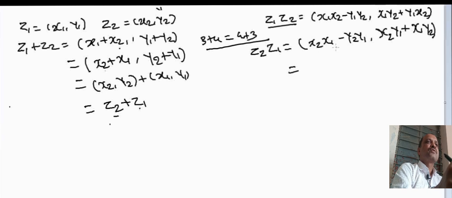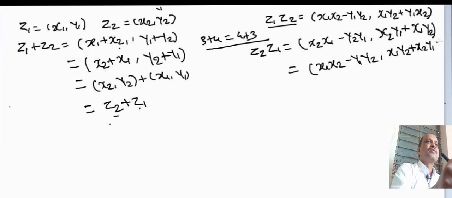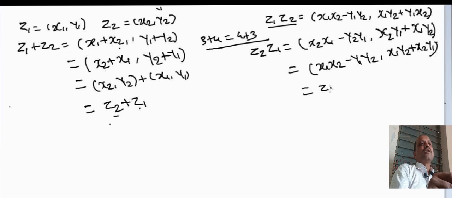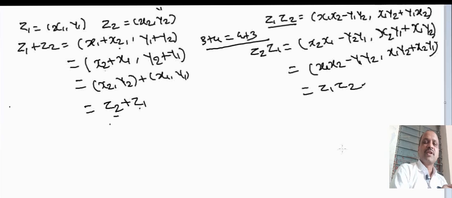So it is (x1 x2 minus y1 y2, x1 y2 plus x2 y1), which is nothing but z1 into z2. That means multiplication in complex numbers is also commutative.